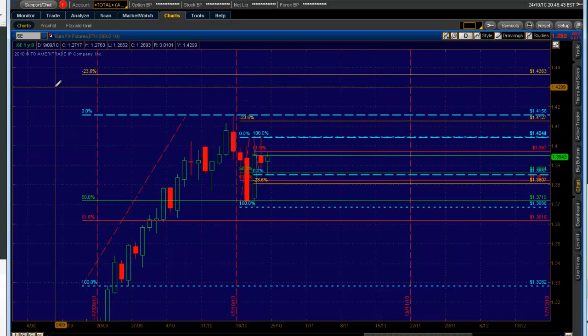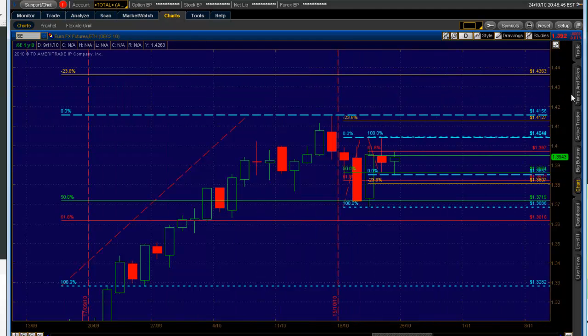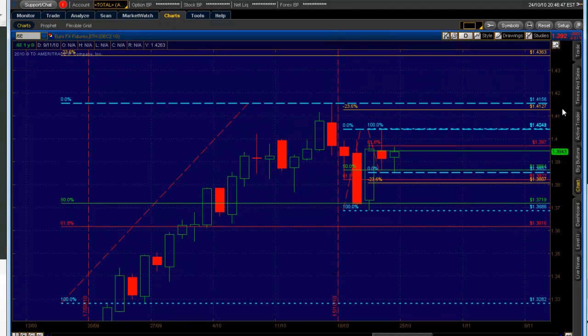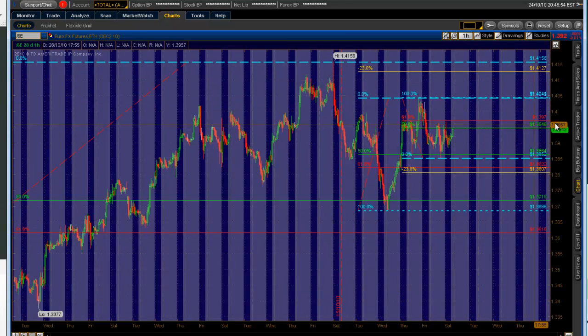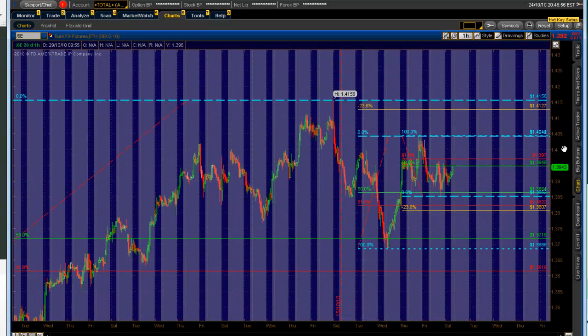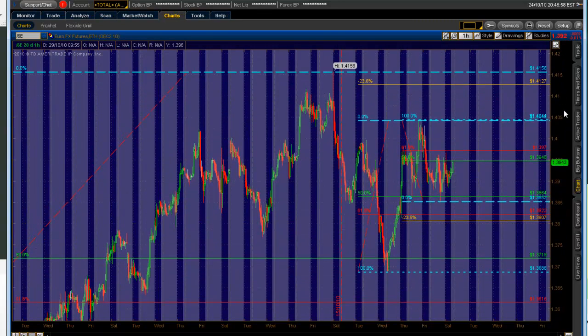And if we zoom in on that, and look at the hourly, then you'll know that we've got a good chance of hitting our target if we can clear this short 618. The stop would be here at about 138.